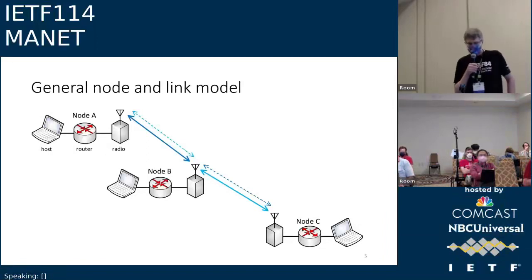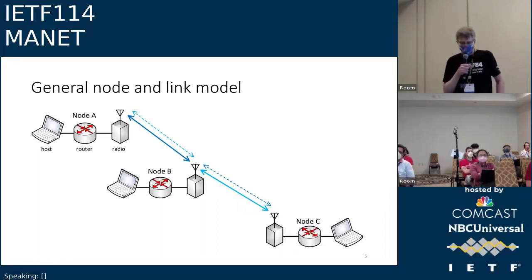But this is, for me, an important slide because it shows the most general link model. We have a host where transport layer and application layer protocols are running. We have a router, and we have a radio, as separate entities, possibly connected by Ethernet. Of course, you can collapse this. You can have a single laptop running your routing protocol in software and using Wi-Fi as your radio.